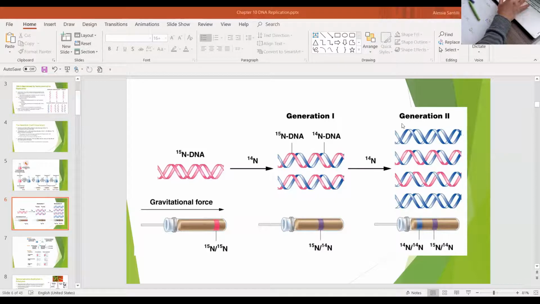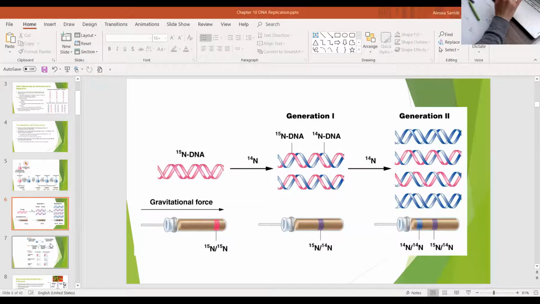So now we have one molecule with only the 14N isotope. And then here with that old 15N, we now have another 14N. So this is how we got two bands, right? We got the 14N, 14N band, and then the intermediate band right here.